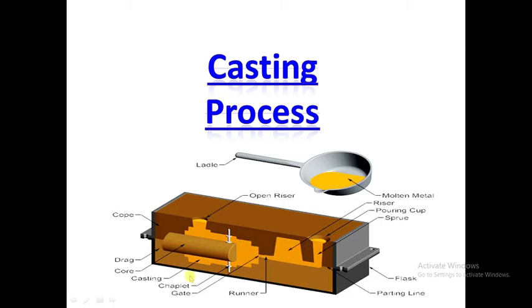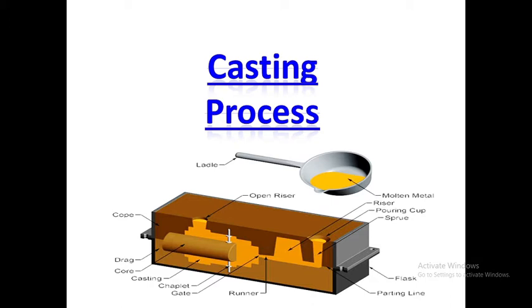This is our required part, and this is the extra metal which we are keeping, which helps while shrinking this casting. This riser helps to provide the extra metal while shrinking. Okay, so here first of all the pattern is made. Let us see, first of all, one more definition of casting.